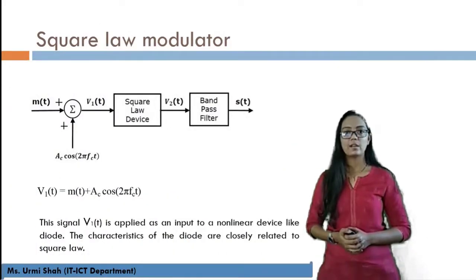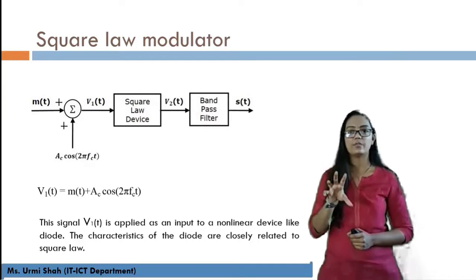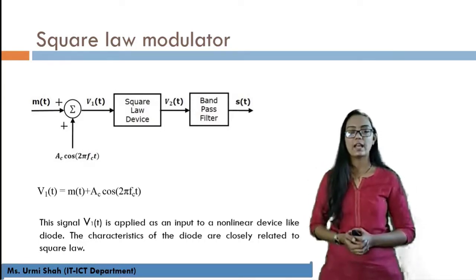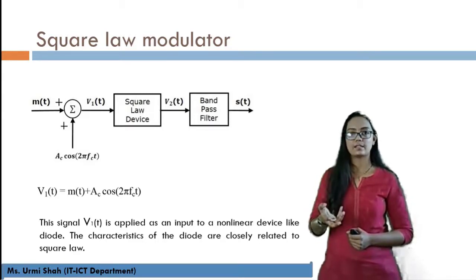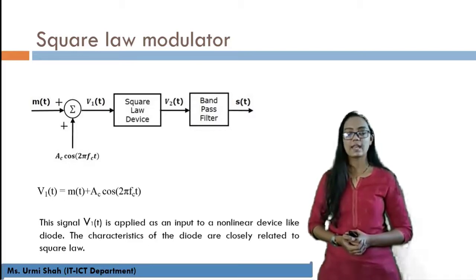Basically, the square law modulator has one adder unit, a summer block, where the message signal and the carrier signal are added. Here the V1 signal is m of t plus AC cos 2 pi FCT.